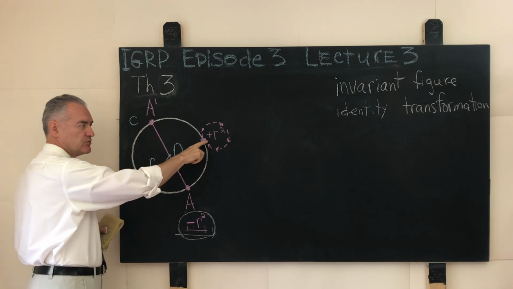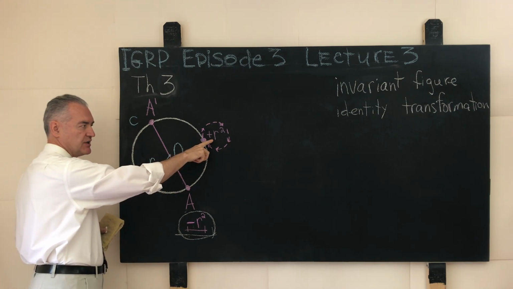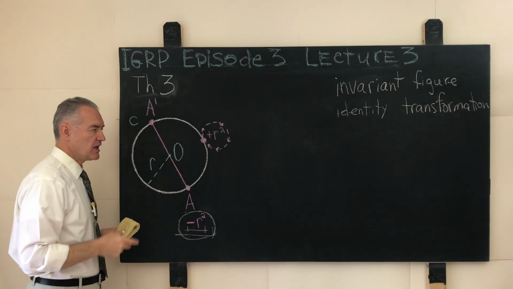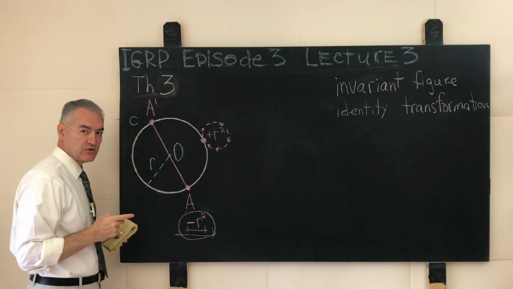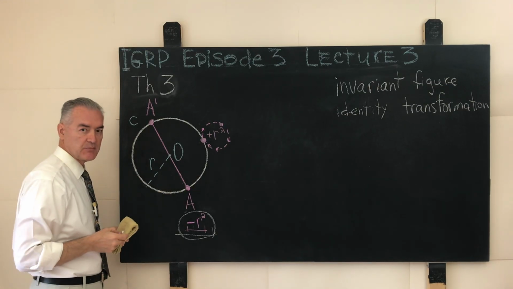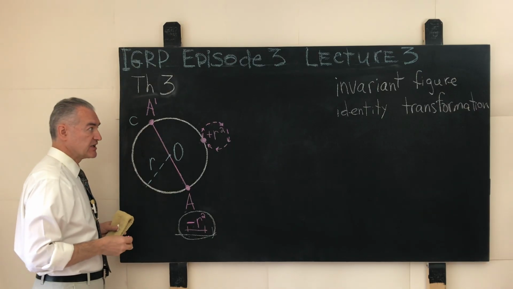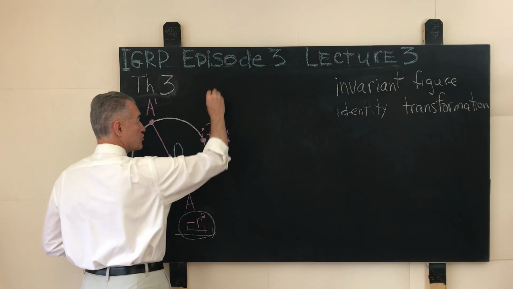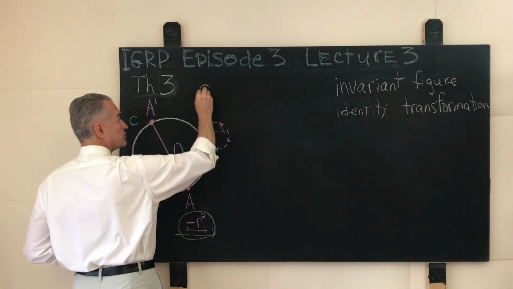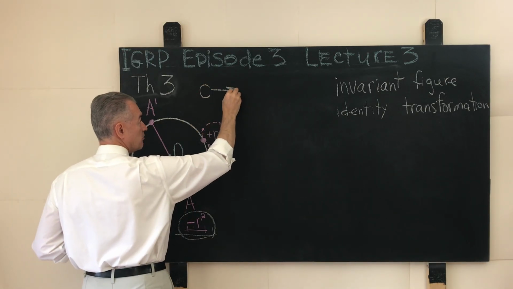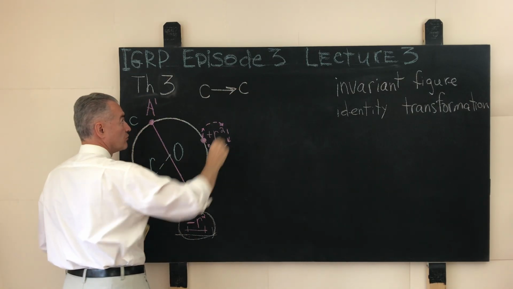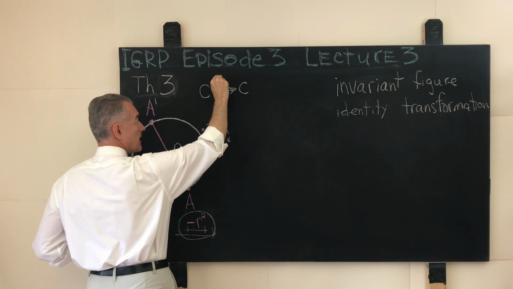This point is fixed when the power of inversion is positive. In this case, each and every point that makes up the circle of inversion remains fixed, and that precisely means that the circle of inversion C, in white chalk, is taken back into itself when the power of inversion is positive.